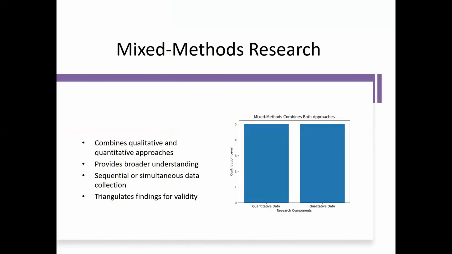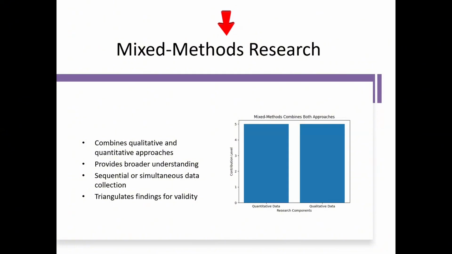So let's look at the last one we take today, mixed method research. It combines qualitative and quantitative approaches. It provides a broad understanding, and you can do it either sequentially or simultaneously. Let me explain that.